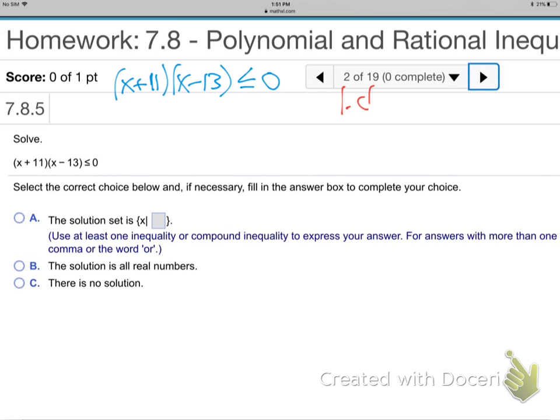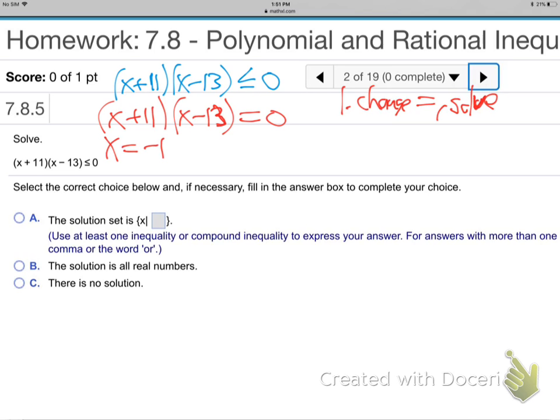So step 1, change to equals and solve, right? So first thing you do is make that equals. And so can we just skip some steps here? Minus 11, positive 13, right? Just opposite, opposite. We've done that enough times now. Minus 11, positive 13.